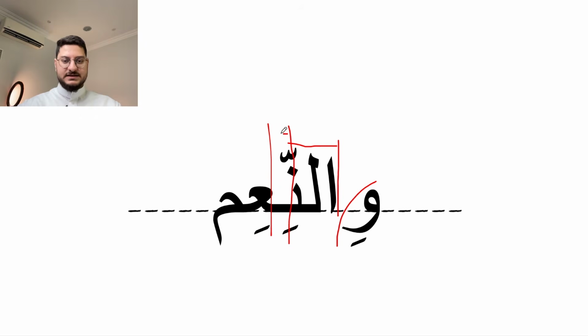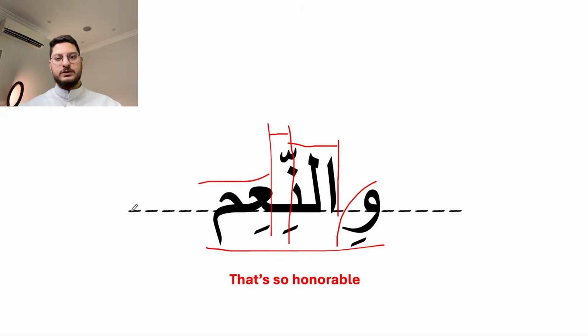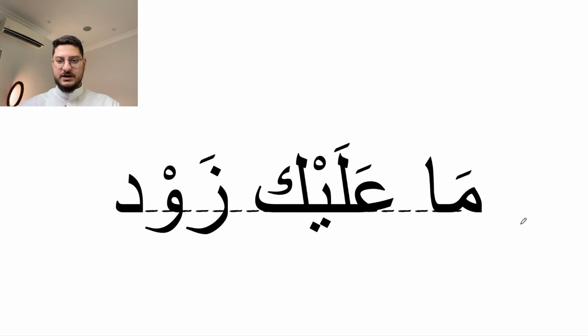In. The second syllable is just ni, because the na is doubled and we have a kasra. So inni, and then النعم. And now I just add the we to it, so it becomes والنعم, which means that's so honorable. And this is the phrase we use whenever someone tells us about their name, صح? والنعم.